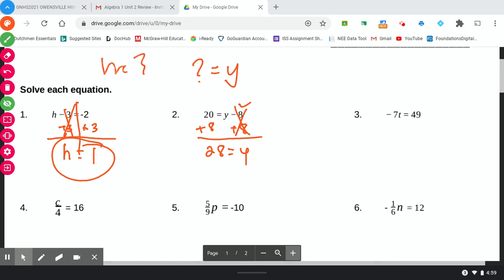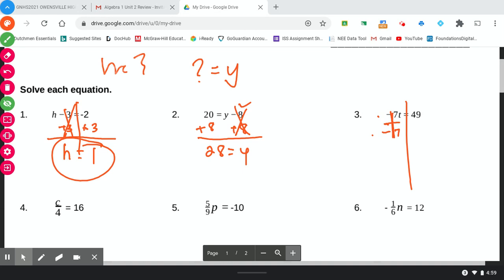Okay. This one, on number 3, the negative 7 is multiplying times the t. So we have to do the opposite of what it's doing. And so that means I'm going to divide by a negative 7. Because if I take a negative 7 divided by a negative 7, that gives me 1, which is what I want, 1t.